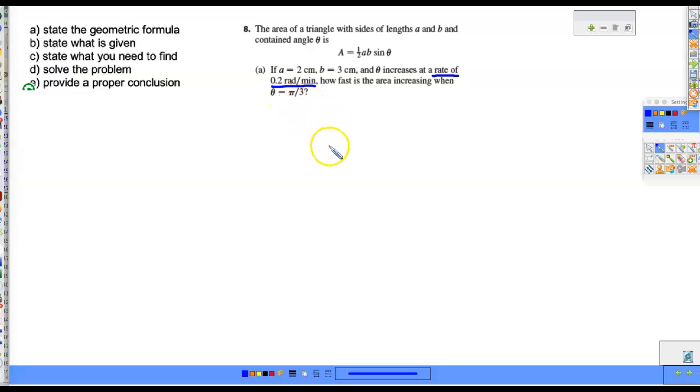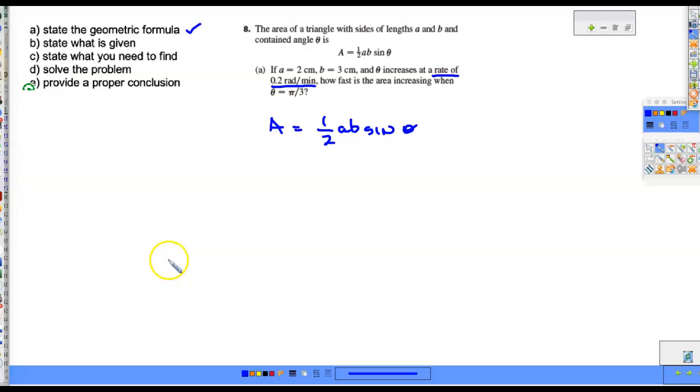So there's a lot that we have. Nicely, they're giving us the formula: A is going to equal 1/2 ab sine theta. So the formula is given.